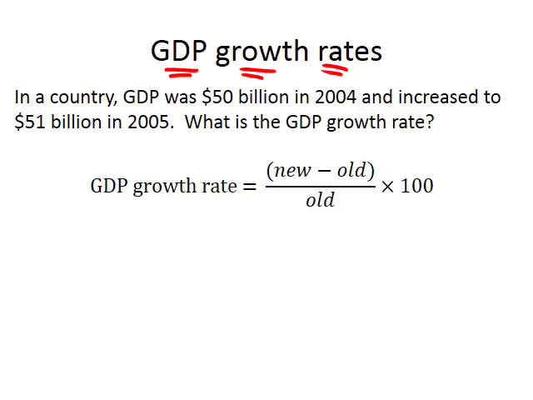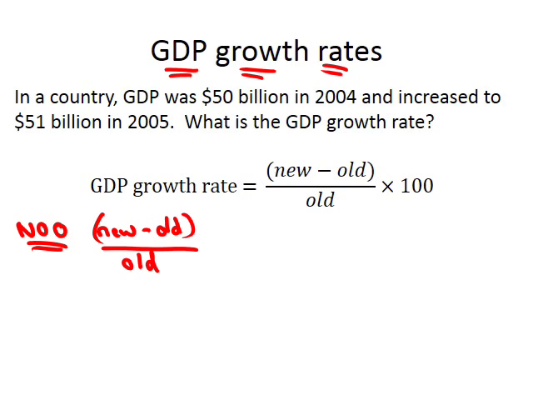So again, think of that odd sounding animal, the new. So we take new minus old, and we divide by old. But since we're looking at rates, we always multiply by 100. So here's the formula here. New minus old over old times 100. So in a country, GDP was 50 billion and increased to 51 billion. So the new would be the 51 billion.